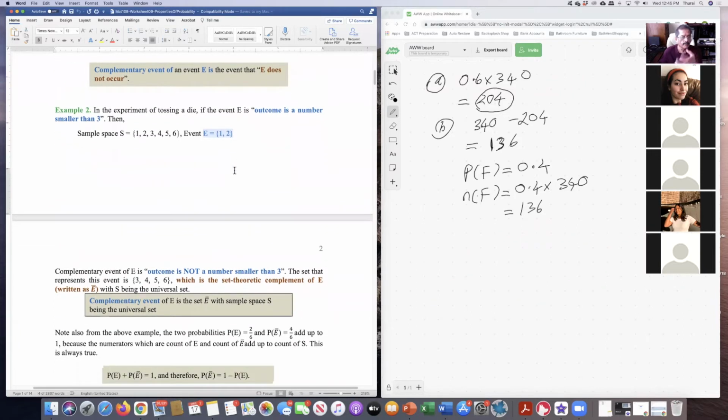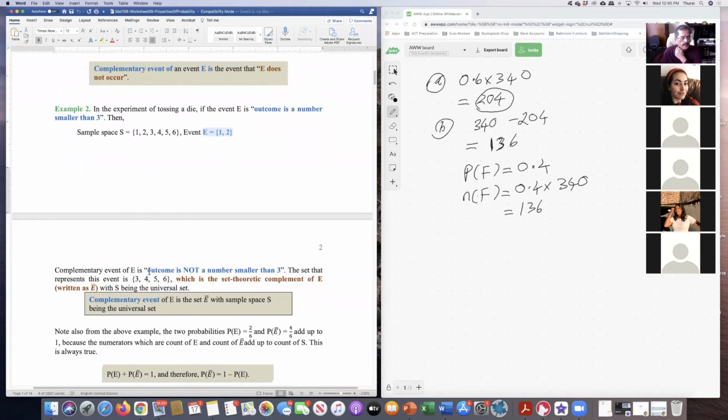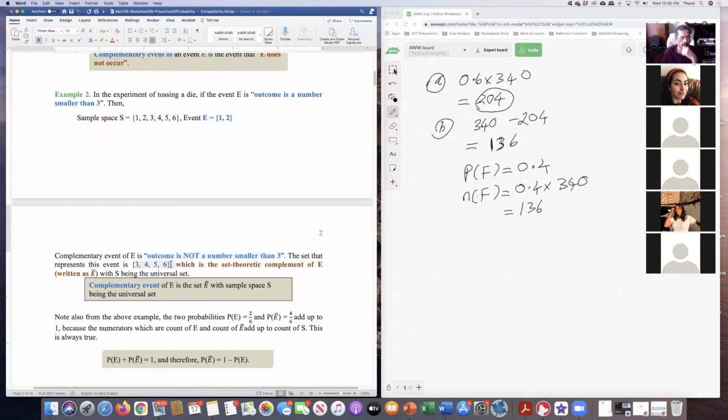But what is the complementary event? The complementary event of E will be the outcome is not smaller than 3, right? That event, E not happening, is the same as the outcome is not smaller than 3. So that'll be the same as saying 3, 4, 5, 6. So the complementary event is basically the complement of this set in this sample space, with sample space being the universal set. Now we learned about complements before.